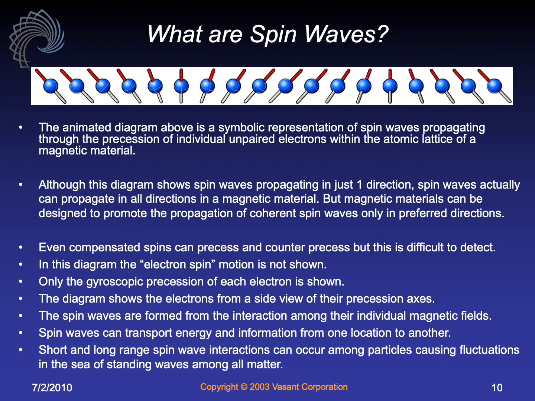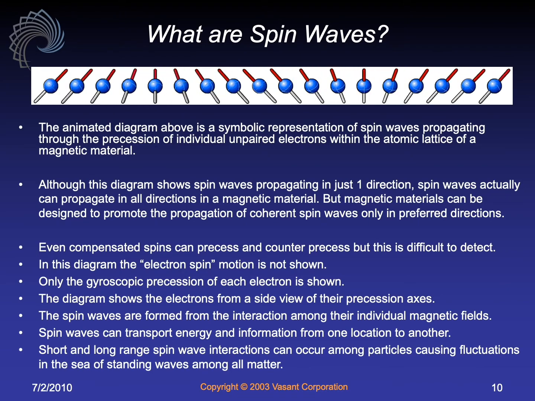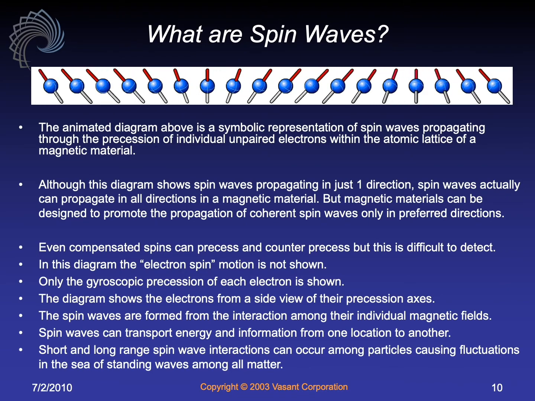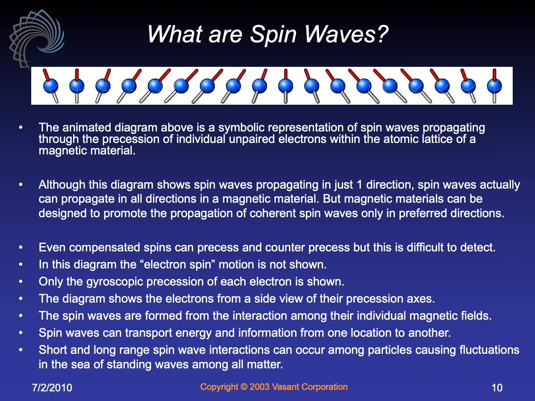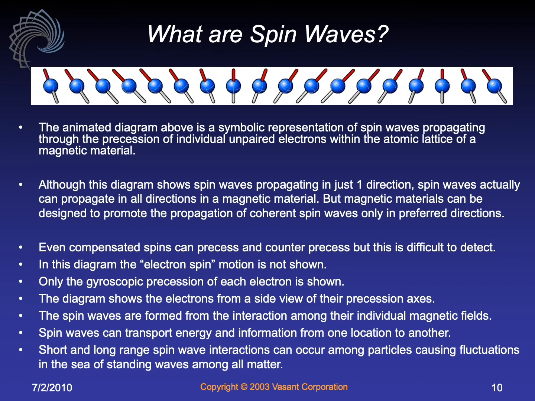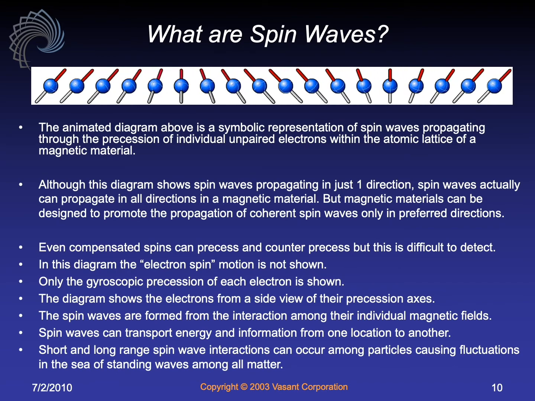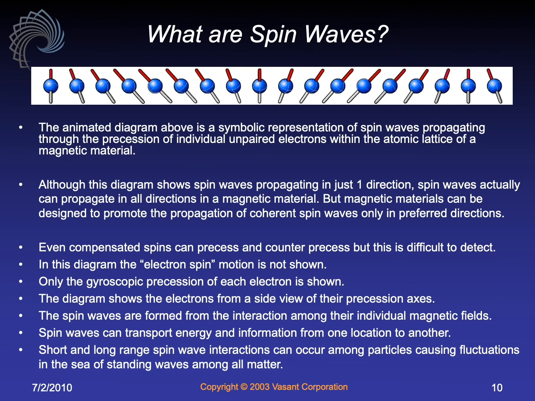Anyway, you can pause this and read these slides, absorb it a little more. This is a two-dimensional representation of a spin wave, and this is a representation of uncompensated spins like you'd have in a magnetic material.